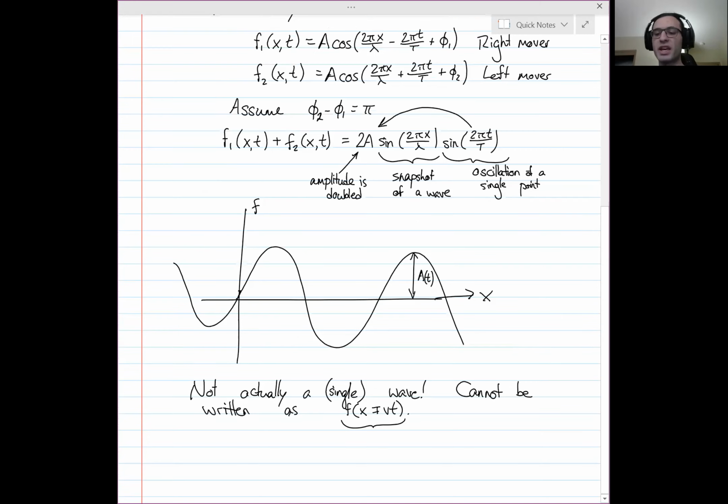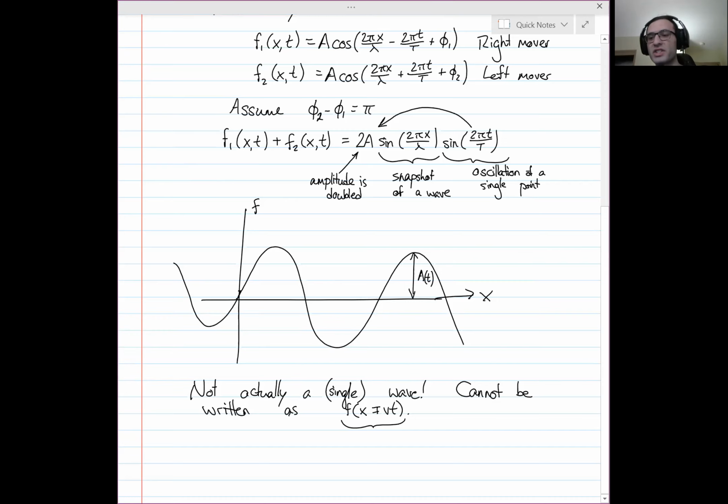However, in this case, you have the combination of a wave traveling to the right and a wave traveling to the left at the same speed. So there's no way to write it in this nice form, but it will still satisfy the wave equation, because the wave equation doesn't care about what direction the wave is traveling in. It only cares about whether it has a constant speed, and whether the second time derivative is proportional to the second spatial derivative. And that's still true.